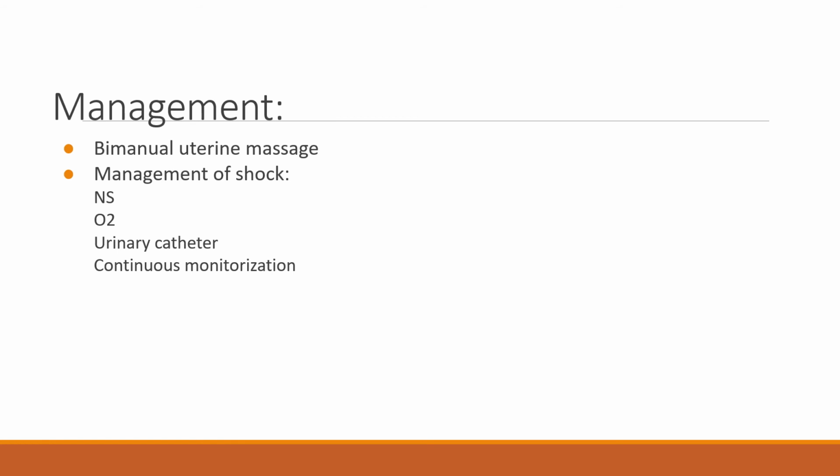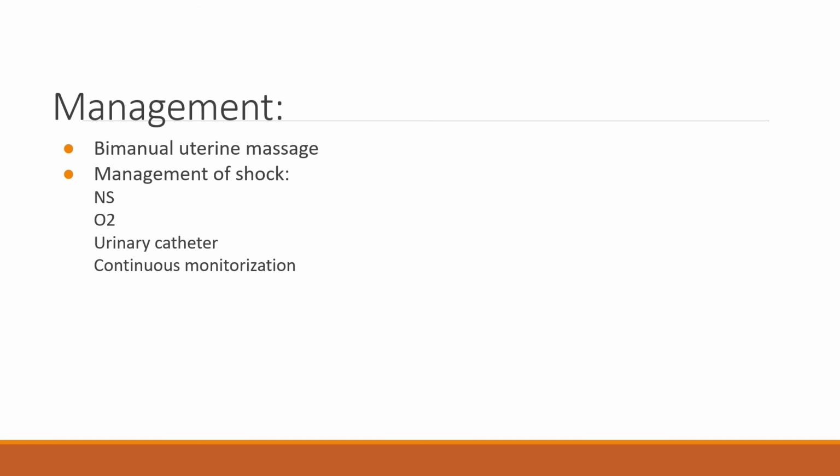Then we have to continue with all the management of the shock that we saw in the shock class. In summary, we have to give normal saline; the amount of mLs we will see depending on the category and the amount of blood you calculate.